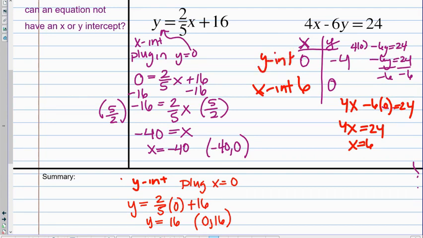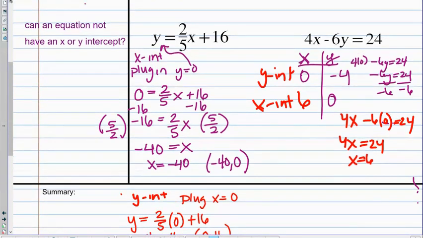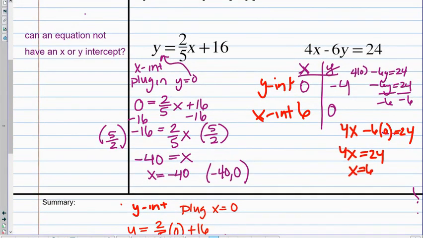Of course, finding x and y-intercepts, I think, is super easy when you are in standard form. And hopefully you have some questions for your teacher, for me. But I wrote a question over here for you to think about. Can an equation not have an x-intercept or not have a y-intercept? There might be some homework problems like that that come up. So really think about what kind of lines wouldn't have an x-intercept across the x-axis, or what kind of lines wouldn't have a y-intercept.